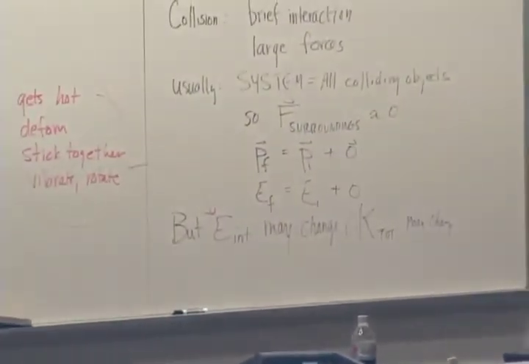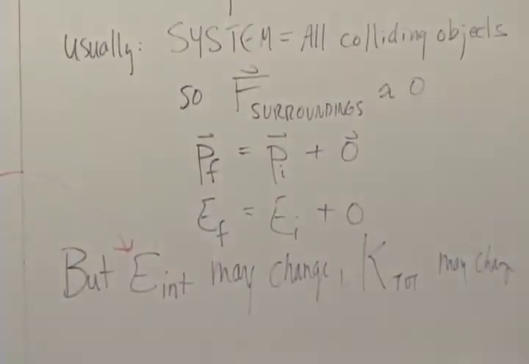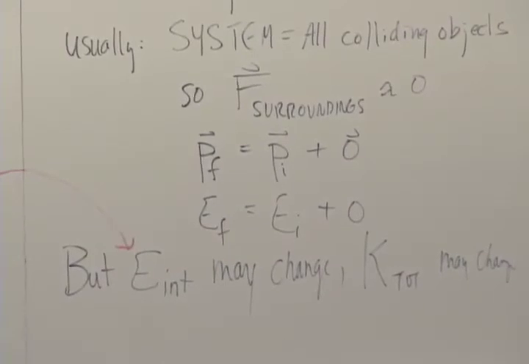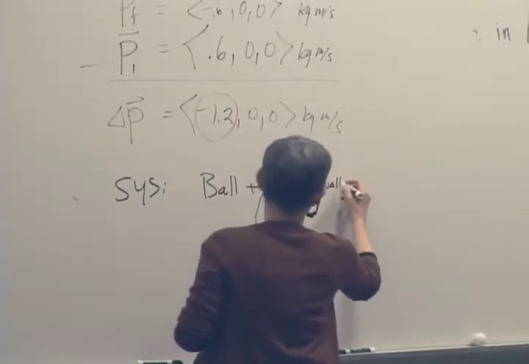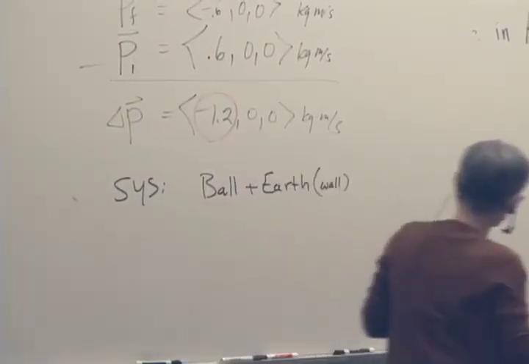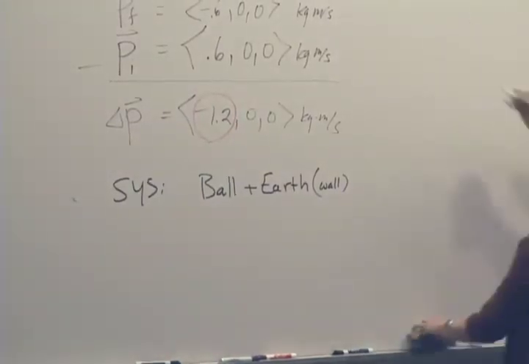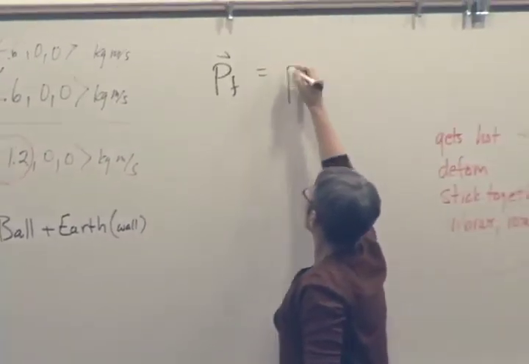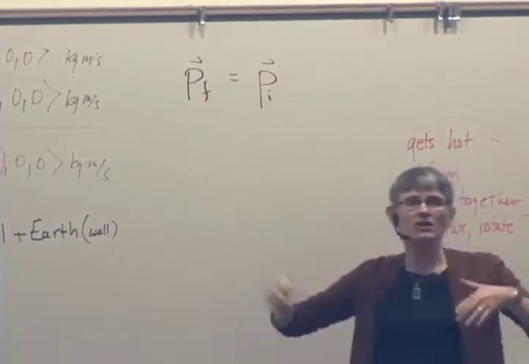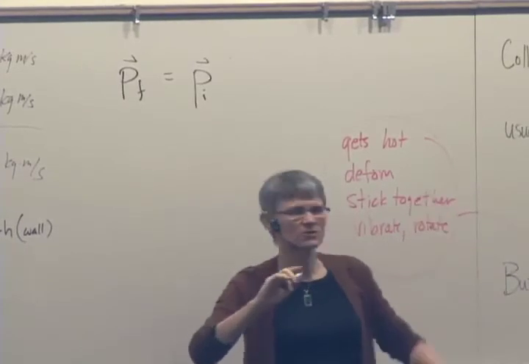So what's the system? For the system of ball plus Earth and the wall, what does the momentum principle say? It says P final equals P initial plus no negligible interactions with the rest of the universe during this period.